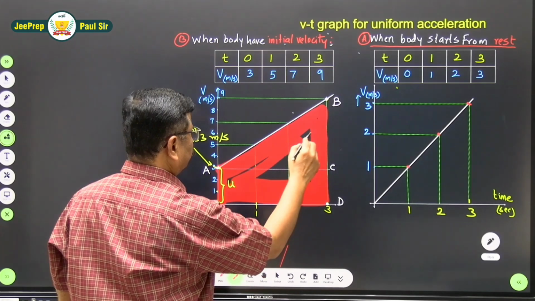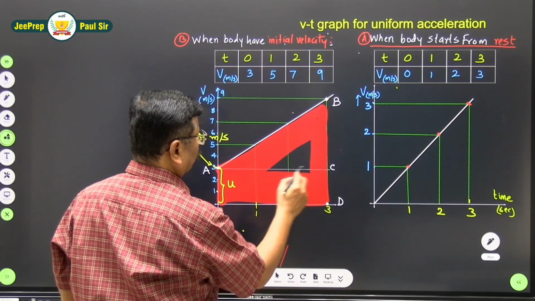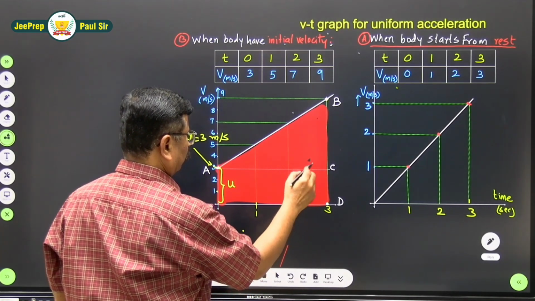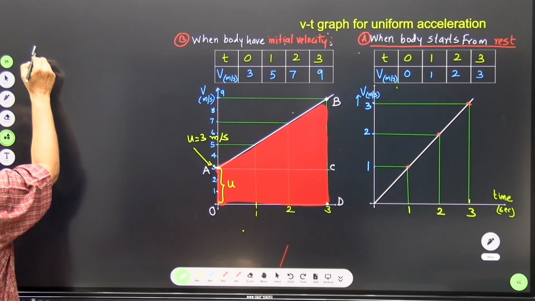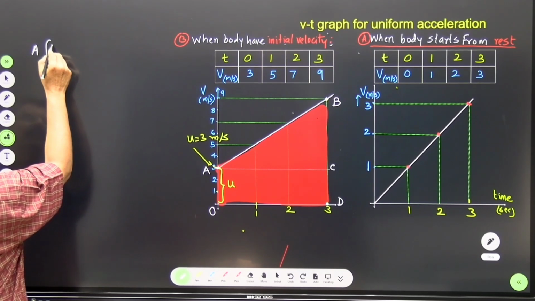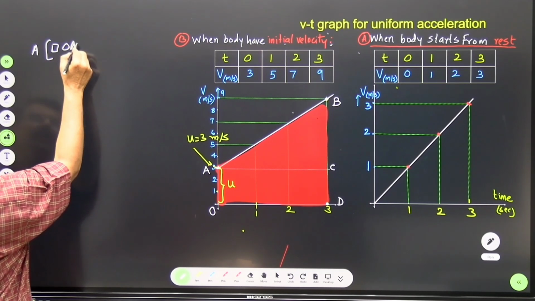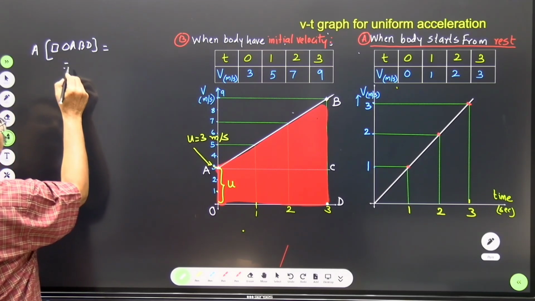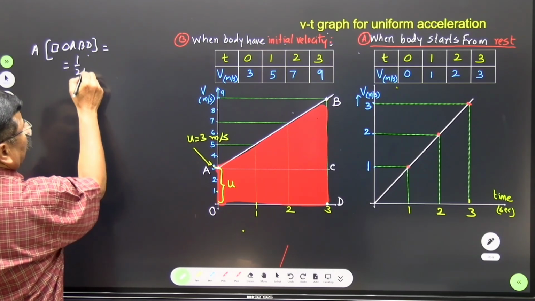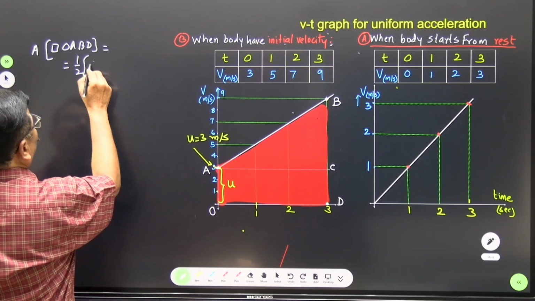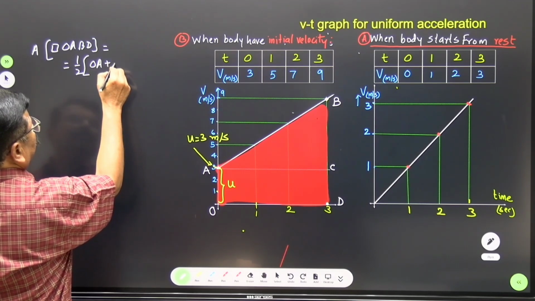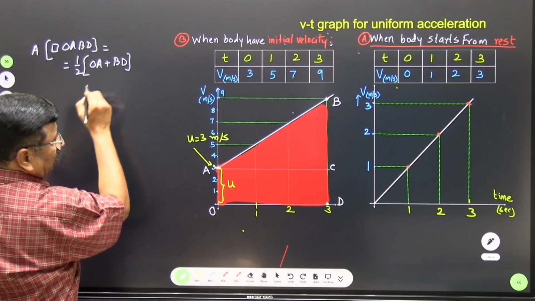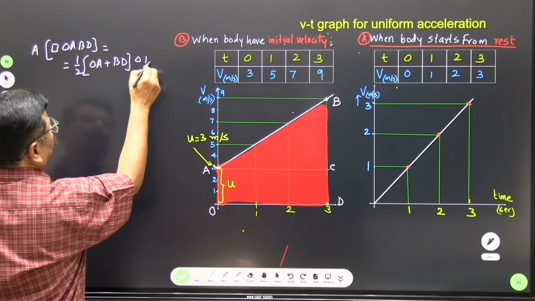So this is the trapezium. So area of trapezium OABD is equal to half into (OA plus BD) into distance OD.